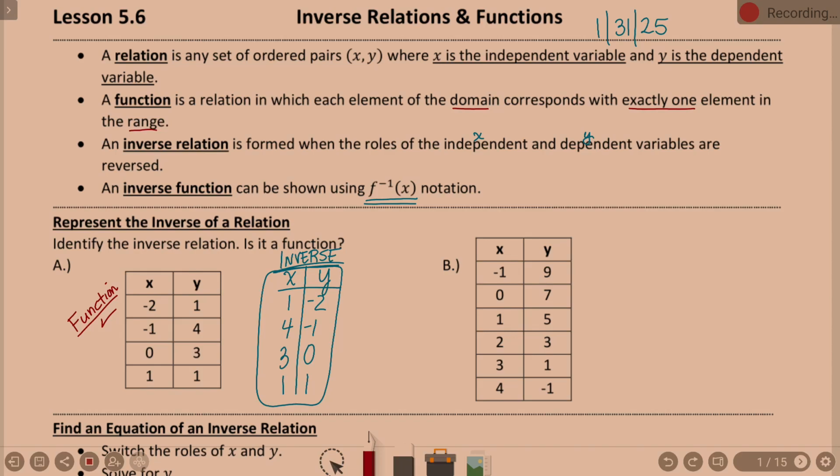Is this inverse relation a function? So can I go through the same process? 1 pairs with -2. Is that all it pairs with? No. In this scenario, the x value 1 pairs with -2 and 1 pairs with 1.